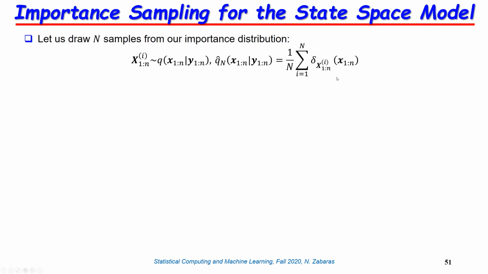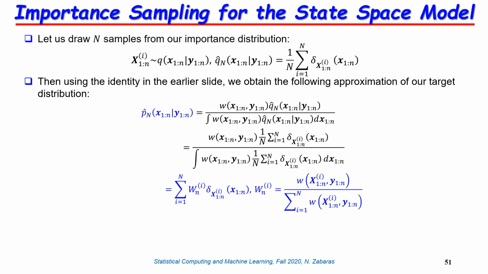That's my empirical measure for Q, nothing fancy. And I plug this into the previous equation I had before, right? And immediately what I get is an empirical measure for my target distribution. And what is that empirical measure? It is the same delta functions that I had for defining the empirical measure for Q, but now these delta functions are weighted with this capital W. And what is capital W? Capital W are my normalized weights.